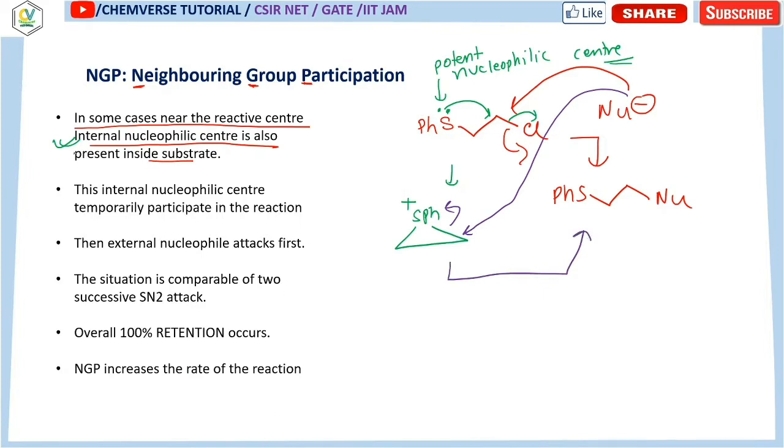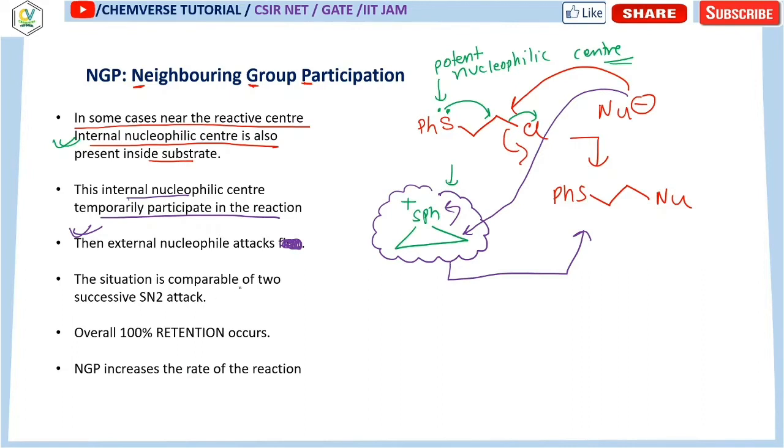But over here you can see that the internal nucleophile temporarily participates in the reaction, and then the external nucleophile attacks. So first what happens? First the internal nucleophile forms this kind of cyclic structure, and after that the external nucleophile attacks.